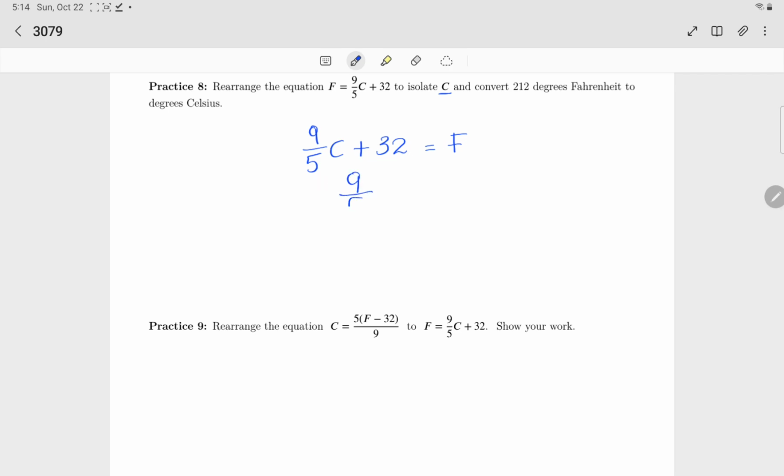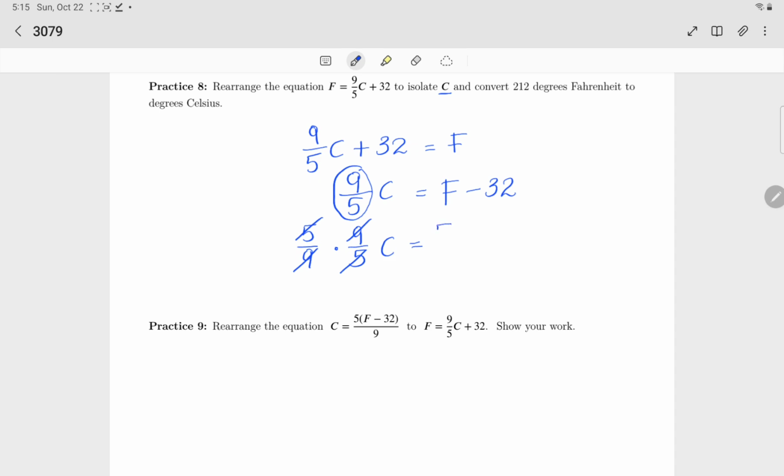We're left with 9 over 5 C on the left side and Fahrenheit minus 32 on the right side. Then we're going to multiply each side by the reciprocal of 9 over 5, so 5 over 9 times 9 over 5. This cancels out the 9 over 5 in front of C. Remember to do the same to the other side.